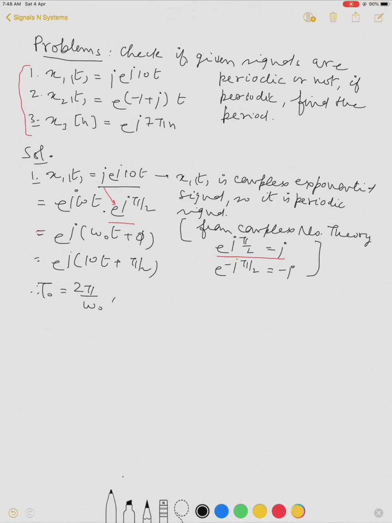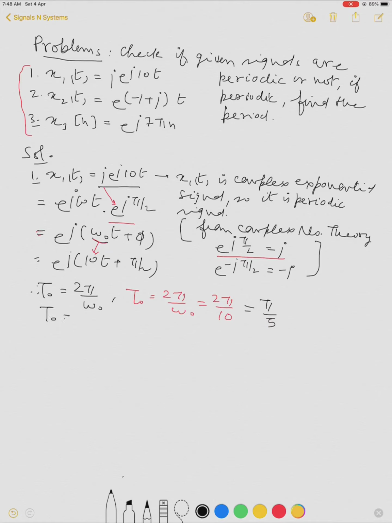Comparing with e raised to the power j omega naught t, omega naught is 10, so T naught is equal to 2 pi upon 10, or pi by 5.